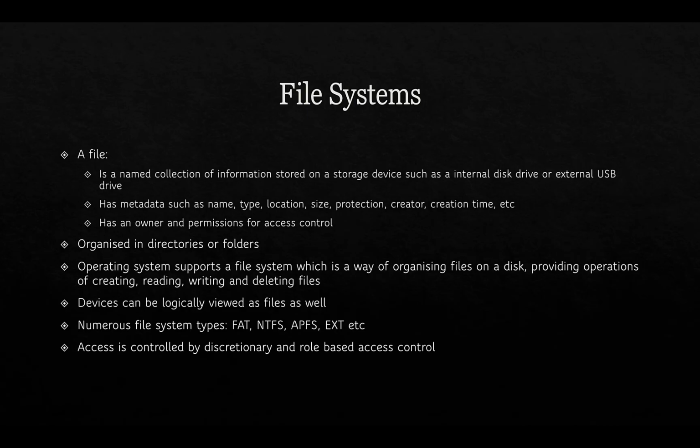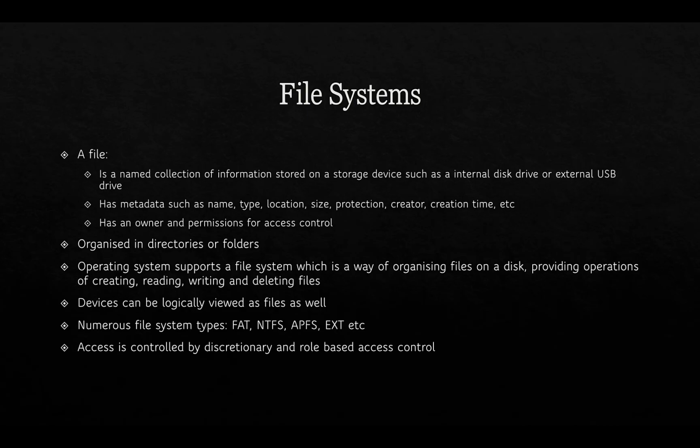And there are essentially structures on the disk, on the file system itself, that you can access that are essentially interfaces then to those devices. So there's numerous different types of file systems, and you'll again have come across some of these if you've ever formatted a USB drive, for example.